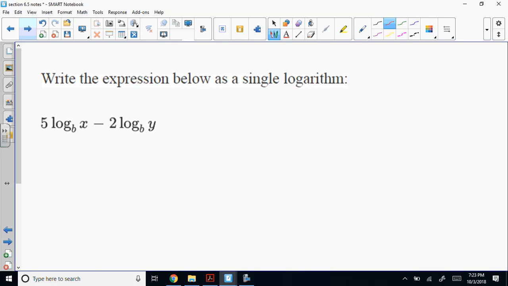I have to get my logs where there's nothing in front of them, right? I can't combine them until I have my logs free of what's in front, because what's in front is really a power. So you have to be mindful of that. That's the little kicker nugget of knowledge you have to make sure you have.